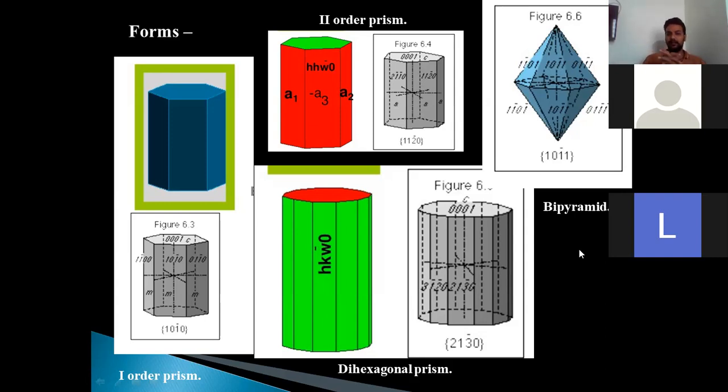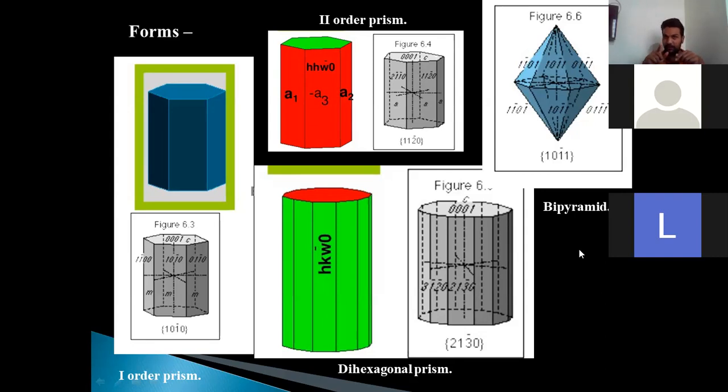You can see here in first order of prism, the notation, the Miller indices, is 1 0 bar 1 0. It is the first order prism. But the moment you rotate the axis, the notation will become 1 1 bar 2 0. So you can see here in the first order, the axes are intercepting at the edge of the face.